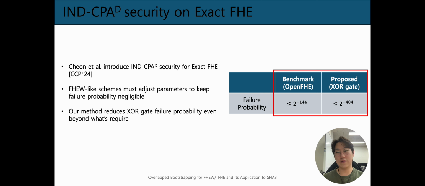While reducing failure probability is beneficial in some cases, in many real-world applications, reducing it more than required is unnecessary and may lead to inefficiency. To address this, we propose a new bootstrapping approach that utilizes the excessively reduced failure probability to make bootstrapping faster without compromising correctness or security.